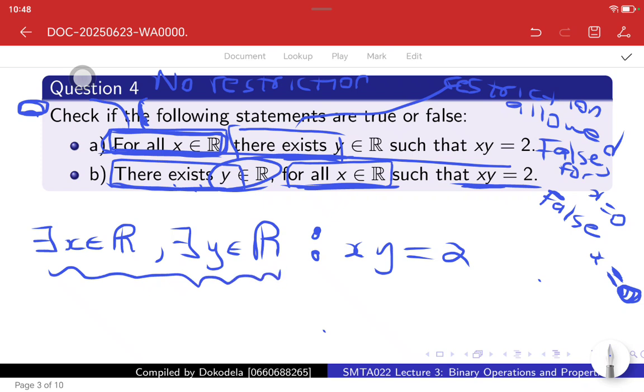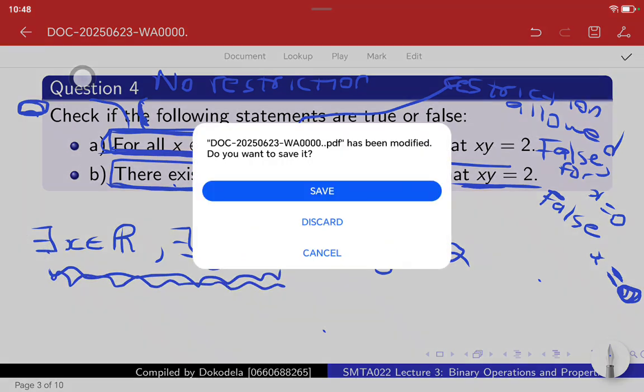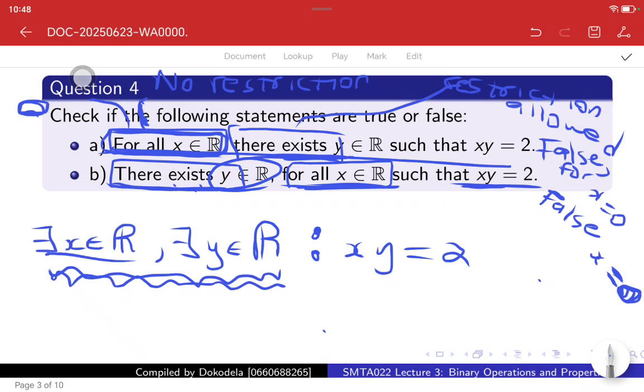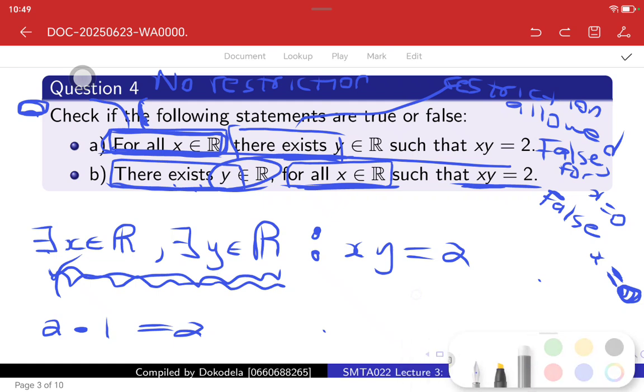This will always be true. The reason is that you're the one who chooses. You choose the number. Let's say I choose 2 now, I can still choose 1, so that when I multiply, I get 2. This one will always be true. You see right now? This will always be true.